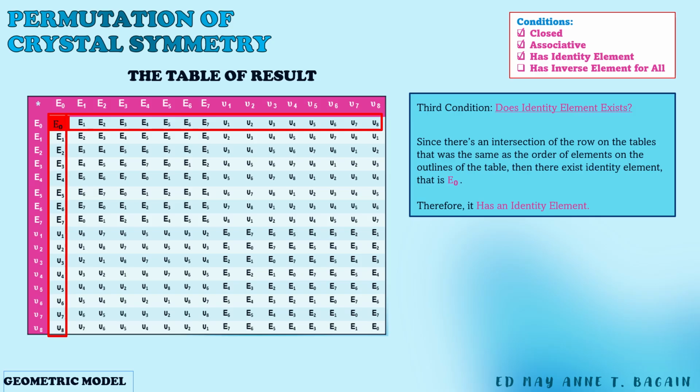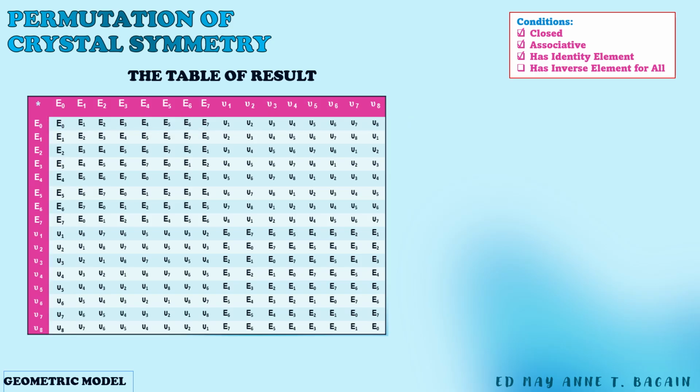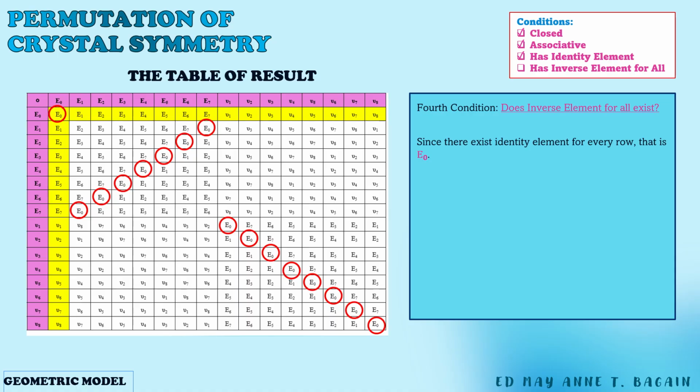And last one, let's check. Fourth condition, does an inverse element for all exist? Since there is this identity element for every row, which is epsilon sub 0, we can now conclude that it really has an inverse element for all because epsilon sub 0 star epsilon sub 0 is epsilon sub 0, and epsilon sub 1 star epsilon sub 7 is epsilon sub 0.